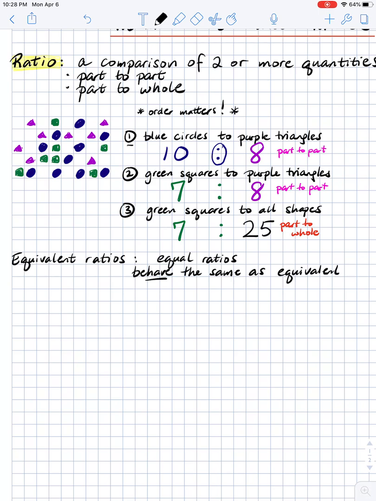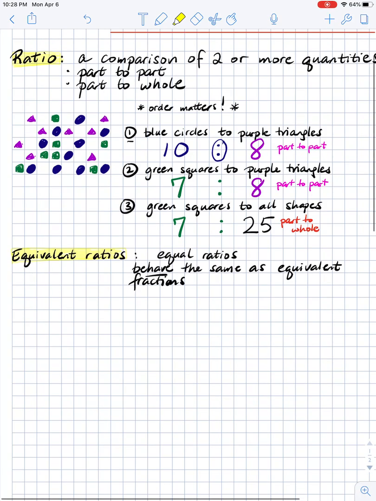But ratios are not fractions, okay? But the math behind trying to figure out equivalent ratios is the same as how you would approach finding equivalent fractions of a number, which we dealt with earlier in the unit before spring break.